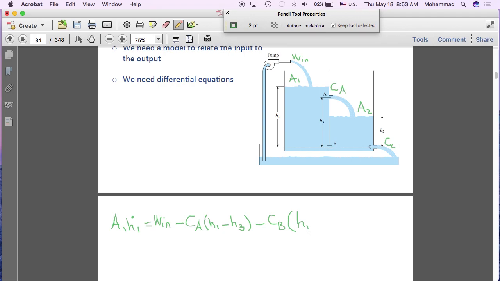But let's just entertain this scenario for a second. If the level of the first tank, which is shown by H1, is equal to the level of the second tank, which is H2, would there be any flow through orifice B? If the two tanks are exactly at the same level? If H1 is equal to H2, remember H2 is the level of the second tank.